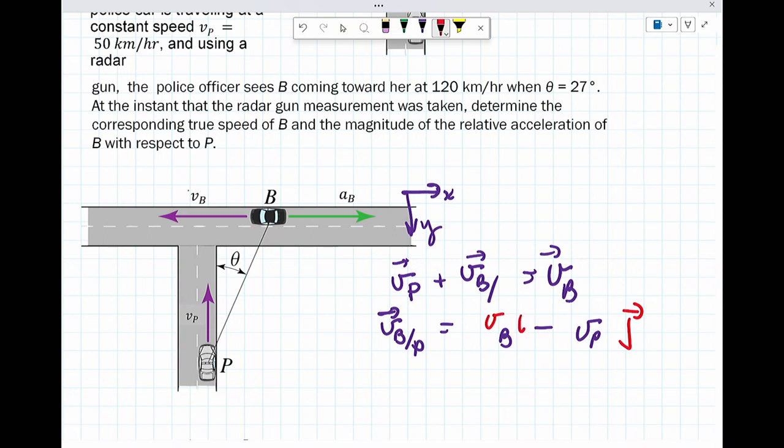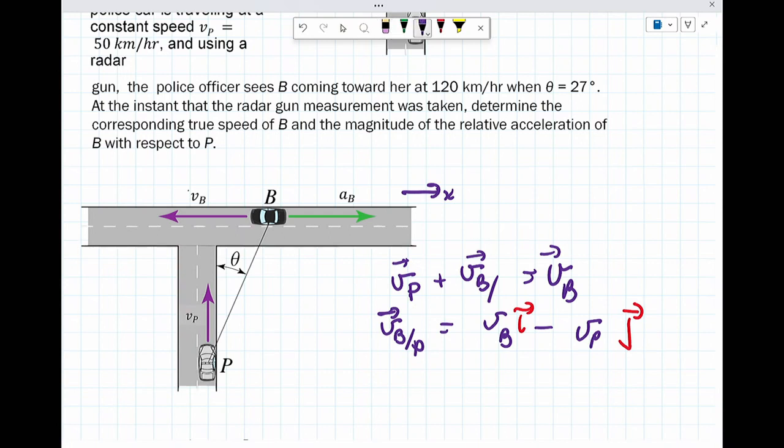Velocity of B in the i direction. All right, so they're both there. Actually, no, that's not correct. Okay, this is the correct.